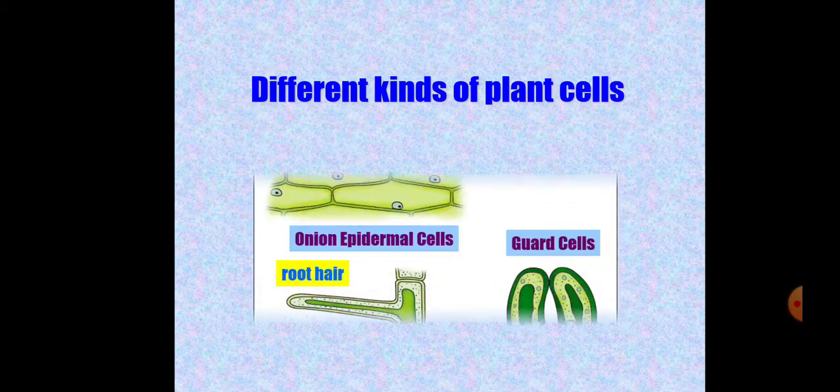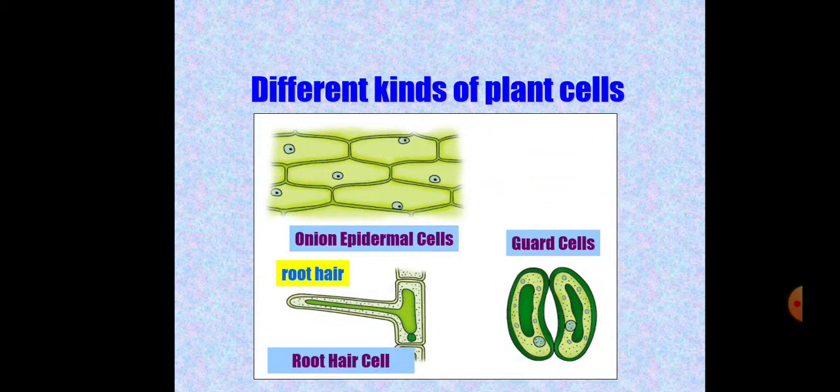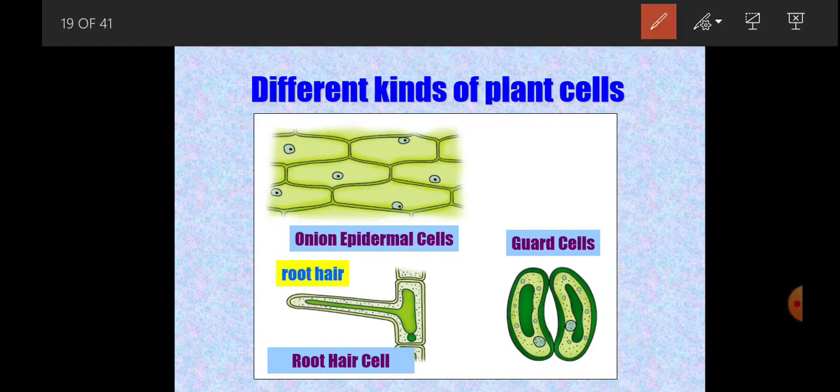So the different kinds of plant cells are as follows. We have the onion epidermal cells, we have the guard cells. These ones are very specific. They are found on the leaf. They normally have what we call the stoma in between this particular region.